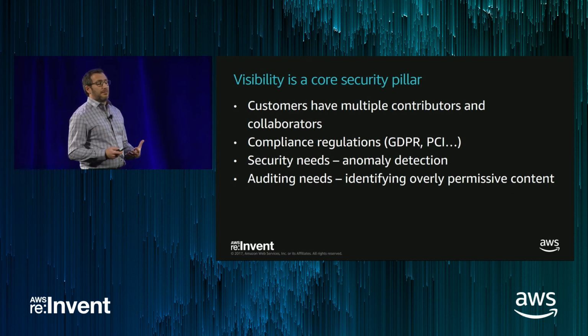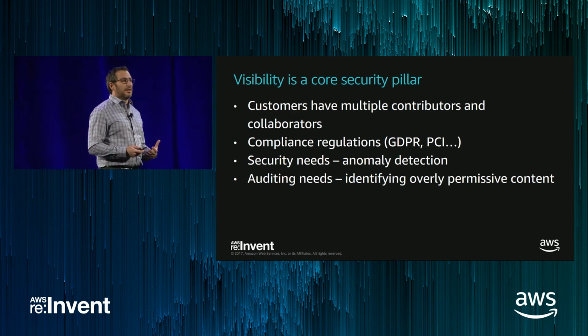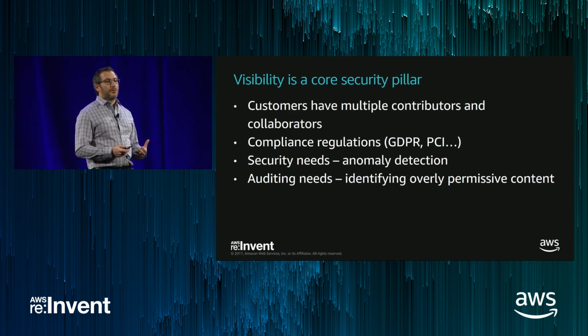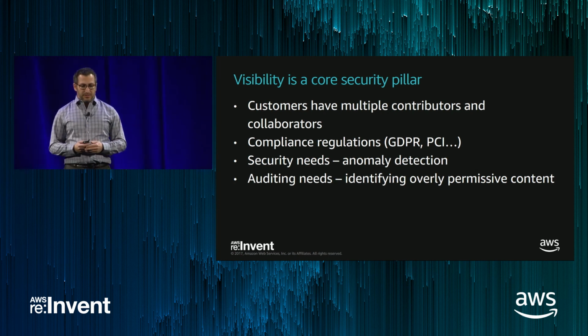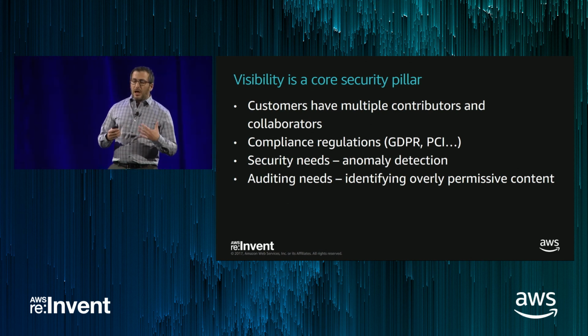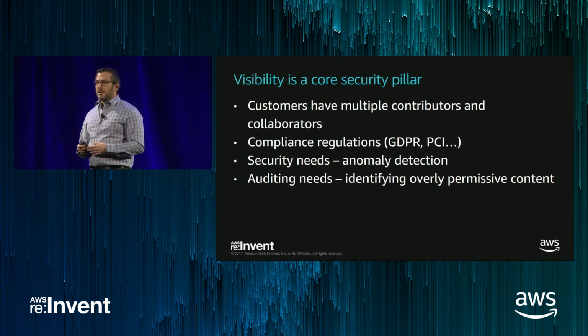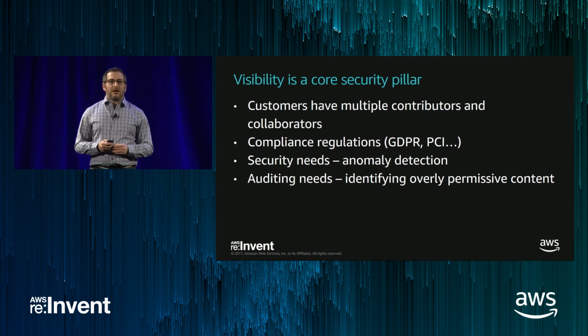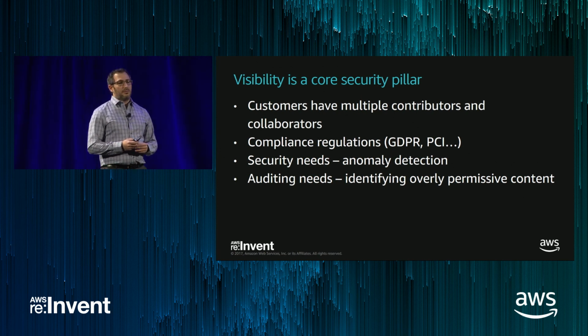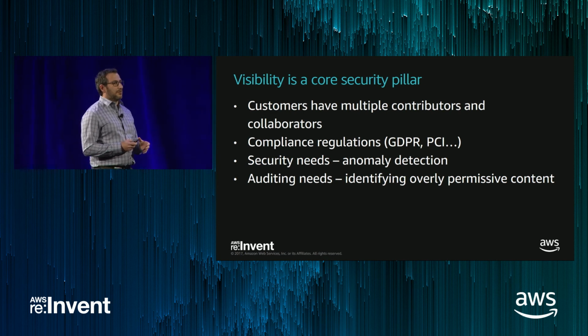And by not knowing about it, you might not be compliant with important regulations, such as PCI and GDPR. So how do we address this? By doing anomaly detection and identifying all overly permissive policies attached to the bucket and to the object level.